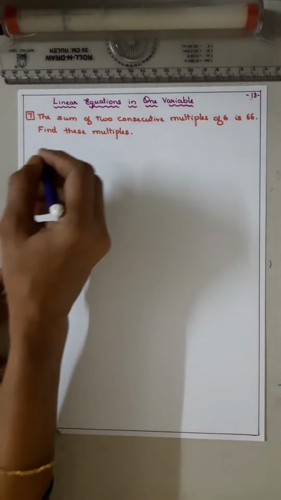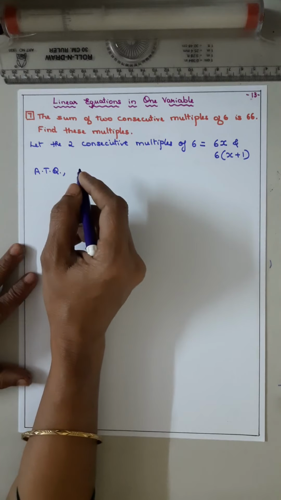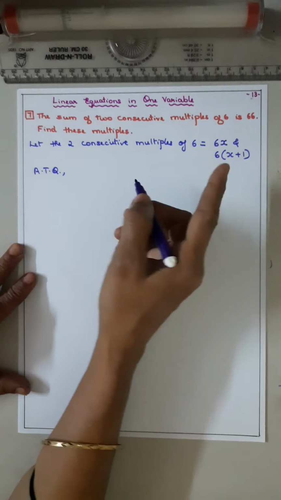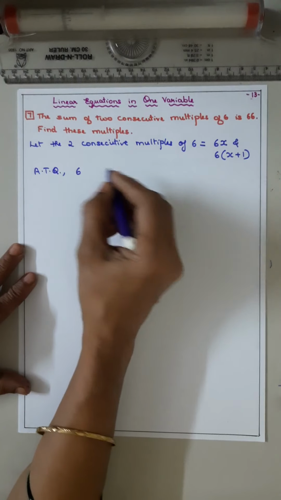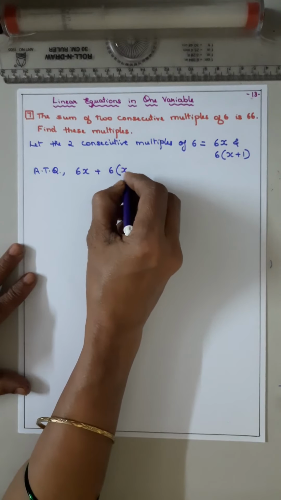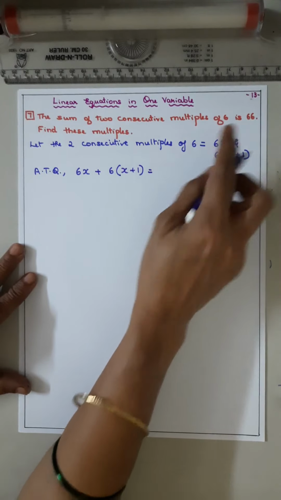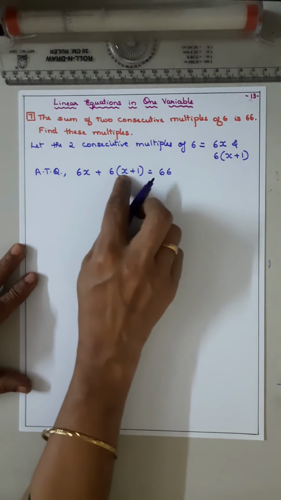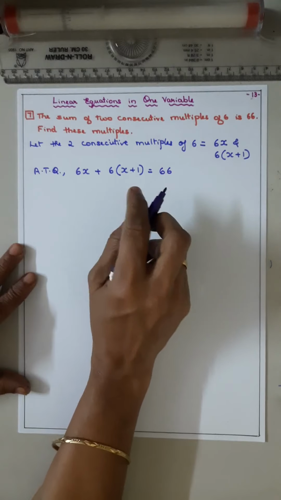Now, according to the question, in the worksheets we have done 3 consecutive multiples. Now here only 2 consecutive multiples. According to the question, the sum of the 2 multiples, 6x plus 6 bracket x plus 1, is equal to 66.